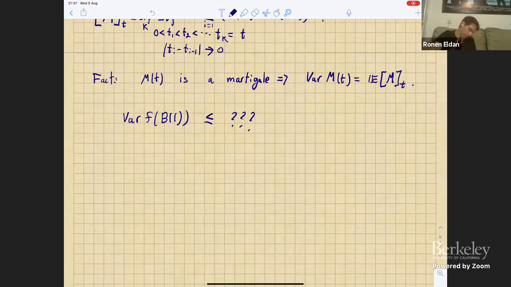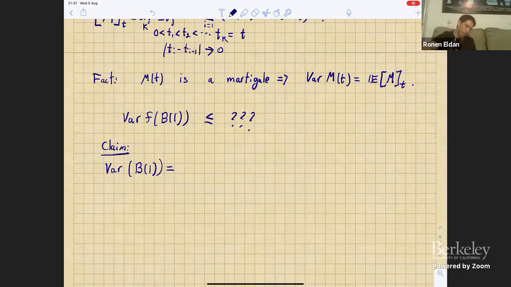So let me write this as a claim. From now on, I'm going to do a lot of hand waving because I don't have time to make things very rigorous, but I'll try to give you some intuition about what's going on.